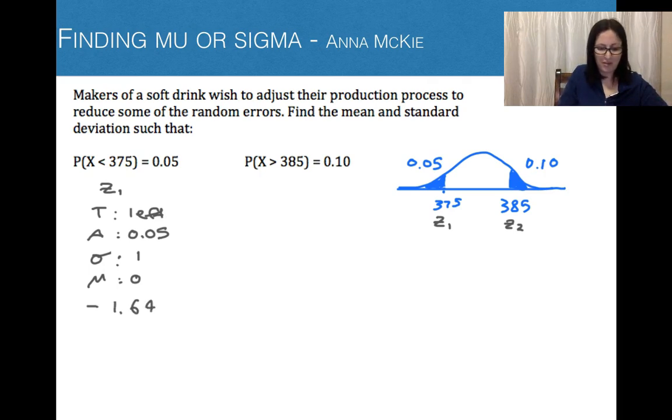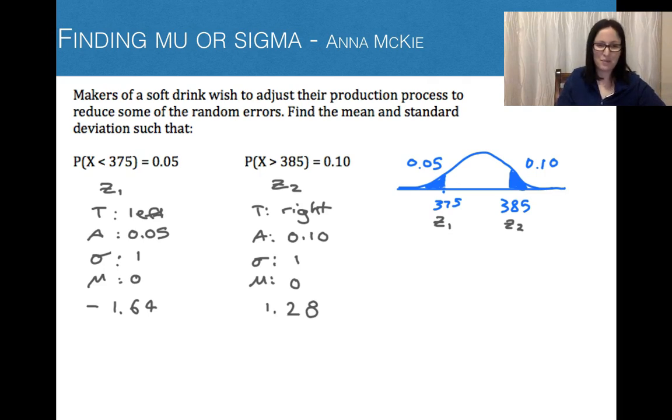Minus 1.64. And that's good. Negative, that's what we're expecting on the left. And then for the second one, we'll just fill out our inputs here. The tail this time is to the right, an area of 0.10, again standard deviation of 1 and mean of 0, and your z-score is, I hope you're doing this along with me at home, 1.28.